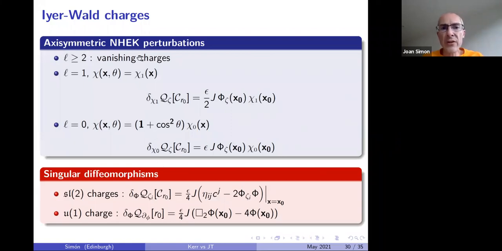For the normalizable ones, these charges are zero, so there is no problem. But for L equals 1 and L equals 0, remember, these are NHEK perturbations. I should have stressed singular ones. When I computed these charges, I don't get a constant. I get an object that depends on the position on AdS2. And the same is true for L equals 0.